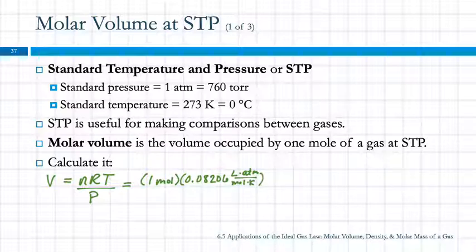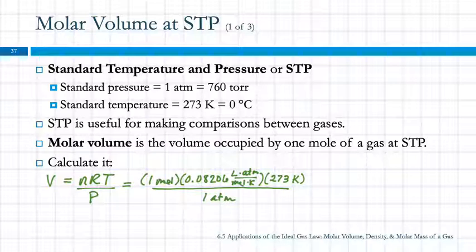And what's the temperature here? 273 Kelvin. If we used 0 Celsius here, our volume would be 0. And the volume of something real can't be 0. Divided by the pressure, 1 atmosphere.